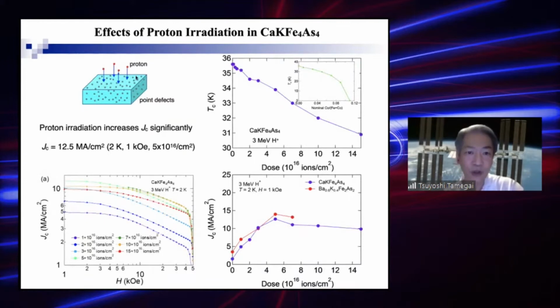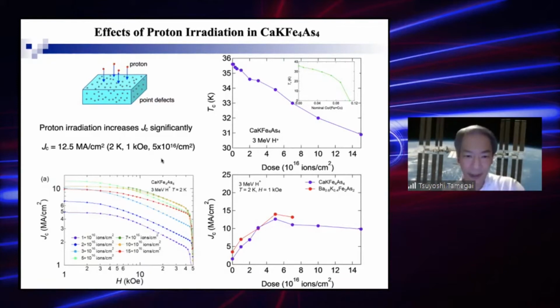We know protons introduce point defects. And by irradiating a lot of protons into this normal system, we have a Jc enhancement like this. The highest Jc is almost 12.5 megaamps per square centimeter at 2 K in low field.